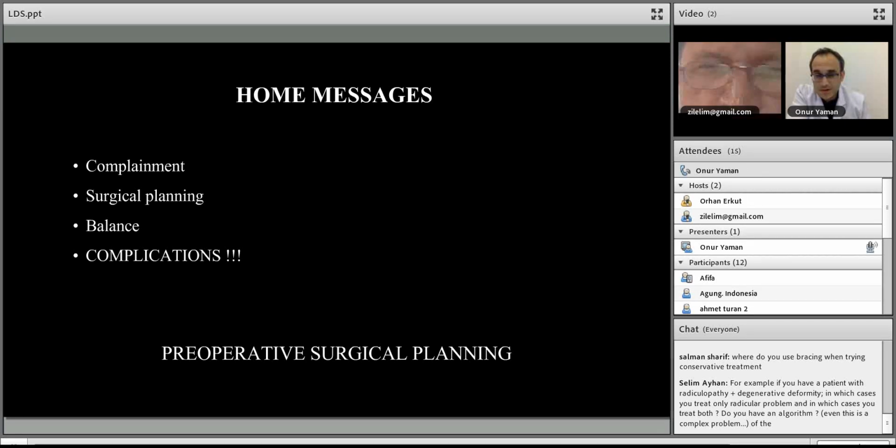It's not that conservative treatment doesn't give anything to the patient, but I'll try because the patients are elderly and have comorbidities. I'll try facet injections. I'll try to send the patient to physiotherapy. I use bracing, but in most cases it doesn't work.